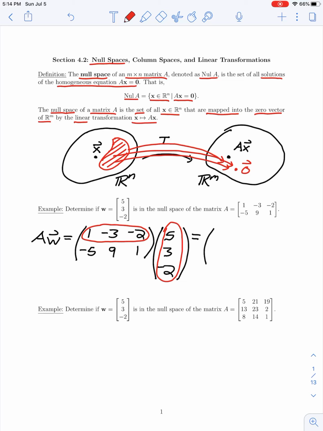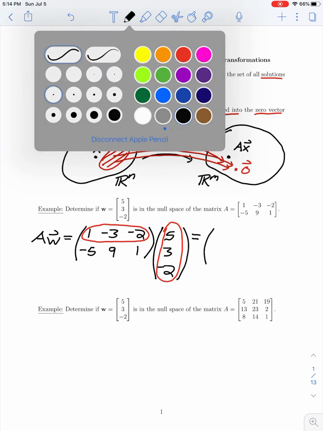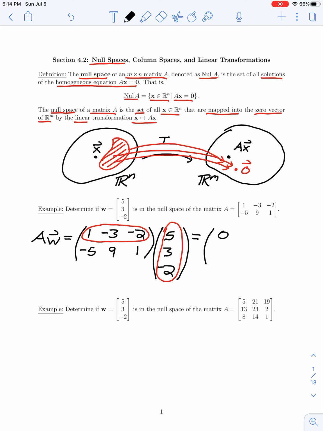So we have 1 times 5, and then minus 3 times 3 would be negative 9. So 5 minus 9 leaves us negative 4, and then the product of negative 2 and negative 2 is a positive 4. So taking the sum, we're left with 0.